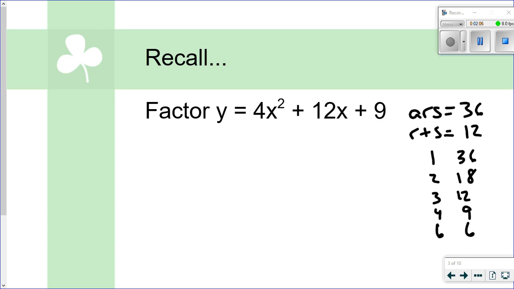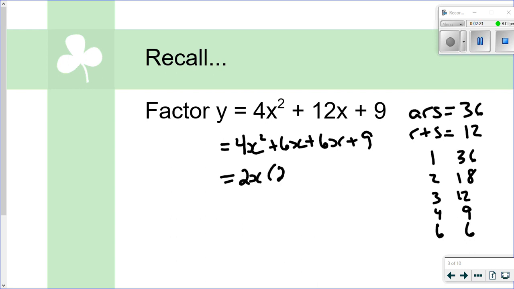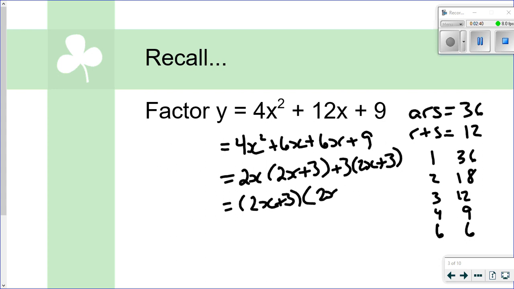Right, 6 and 6. So it's a more complicated version of the last question, but it's pretty much the same thing.